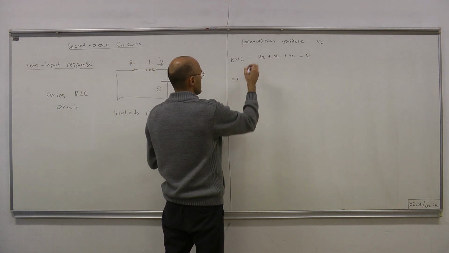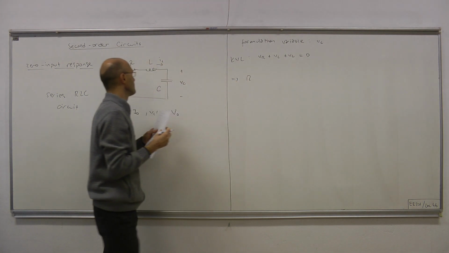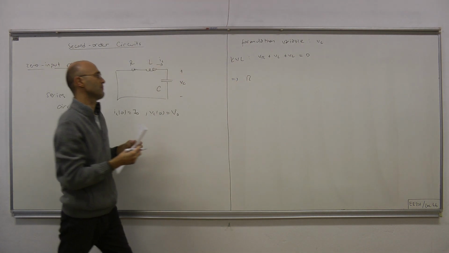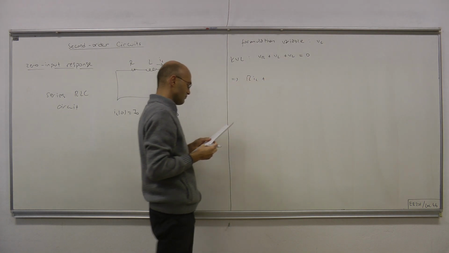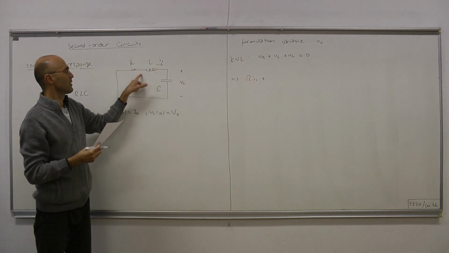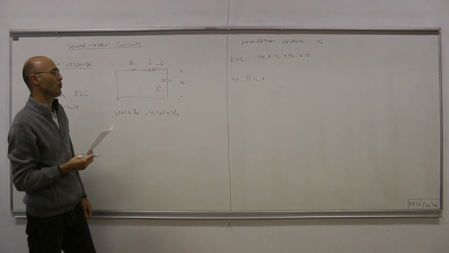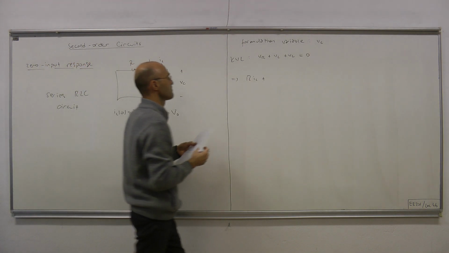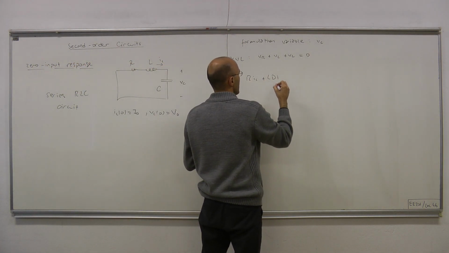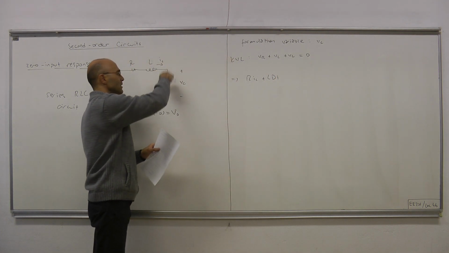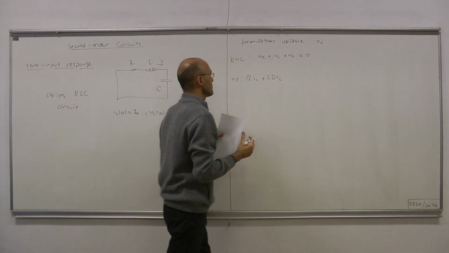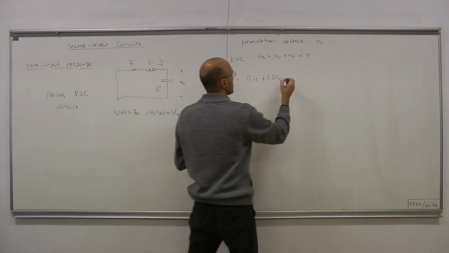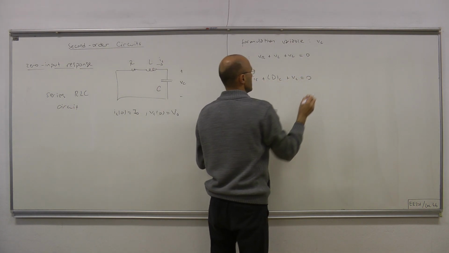Then VR is R times the capacitor current IC, plus VL is L dIL by the terminal equation of the inductor, and IL is the same as IC, so L dIC, plus VC equals 0.